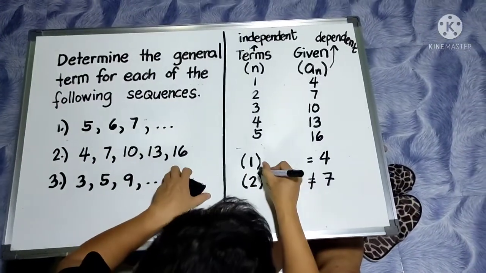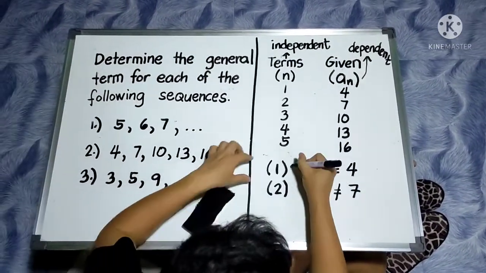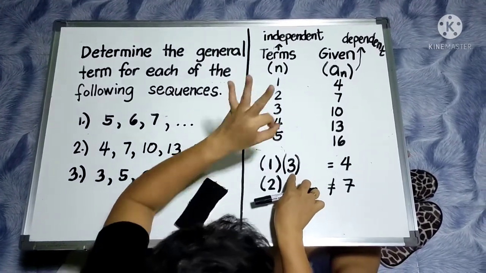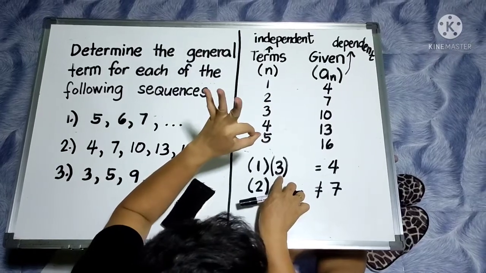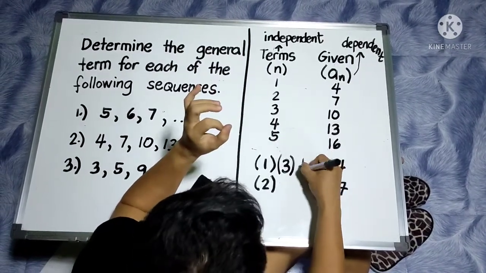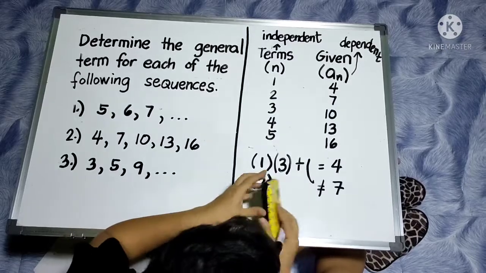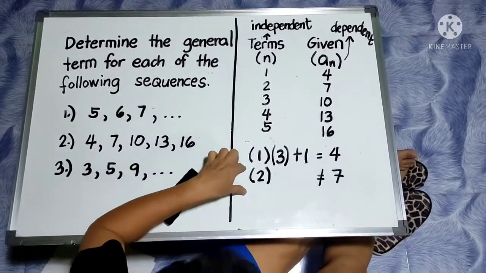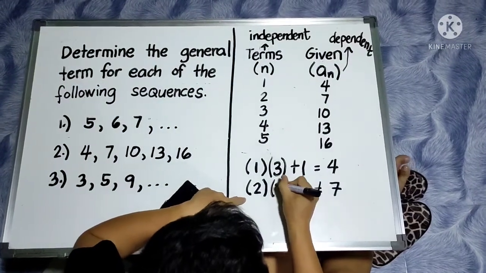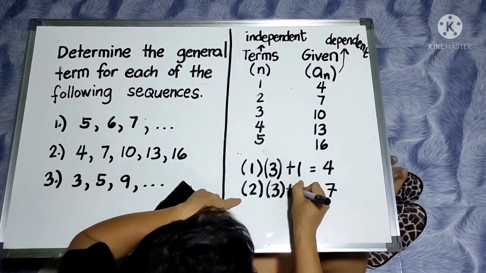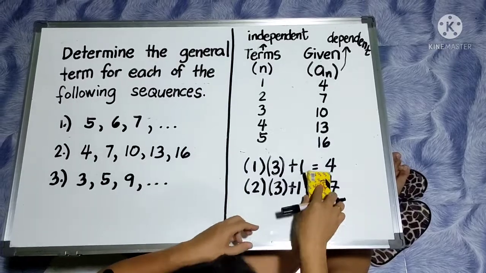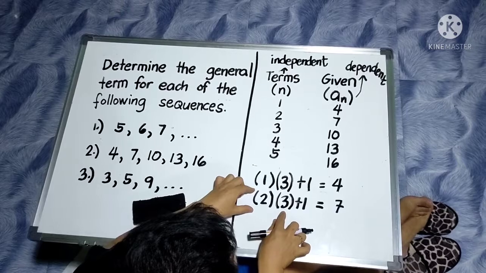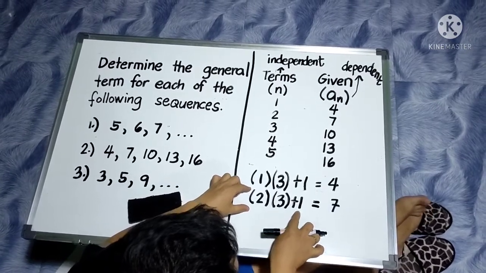You proceed to multiplying it by 3. Okay, let us try. 1 times 3 is 3. How much do you need to add to get 4? So you add 1. Let us try for the second term. 2 times 3 plus 1. 2 times 3 is 6 plus 1 is 7.